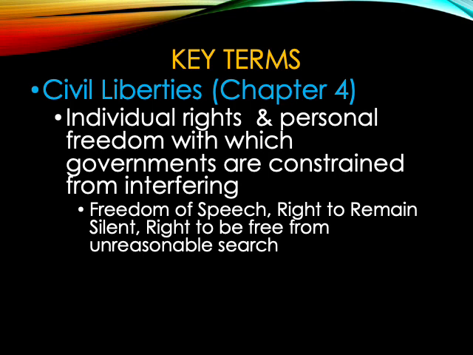It's the freedom of speech. It's the freedom that you have to remain silent if you're being questioned during a criminal trial, but the right to remain silent extends beyond that. It's the right to be free from unreasonable search and seizure. It's the right to exercise your religion or to not exercise religion.